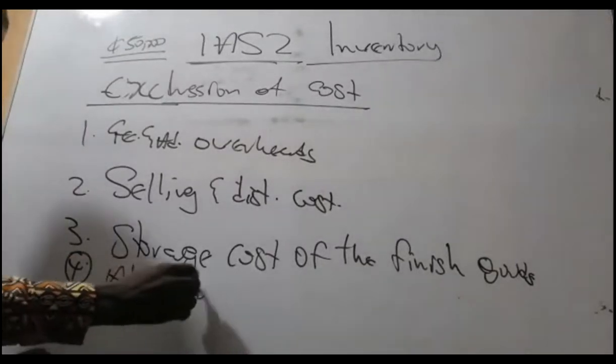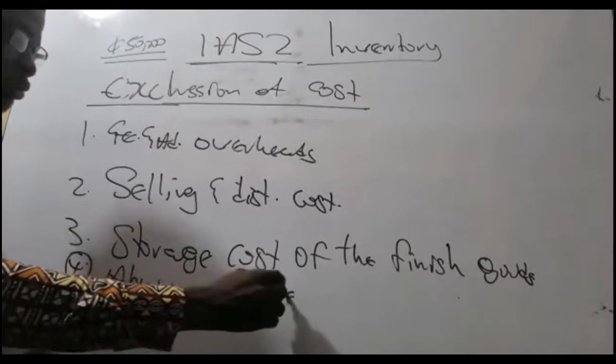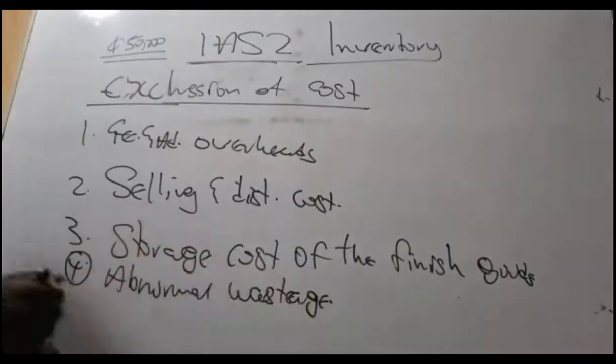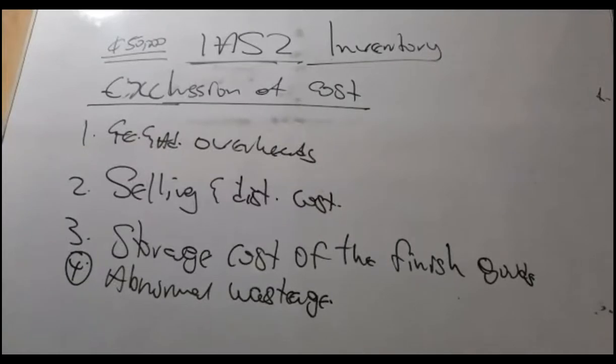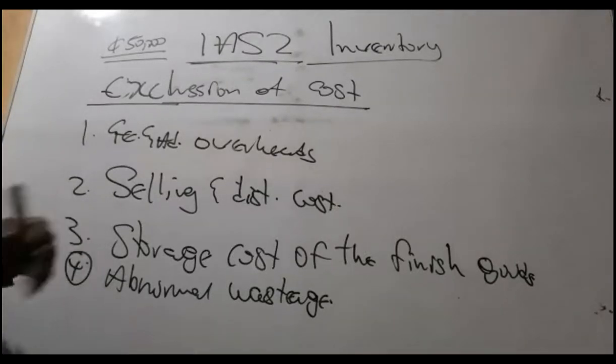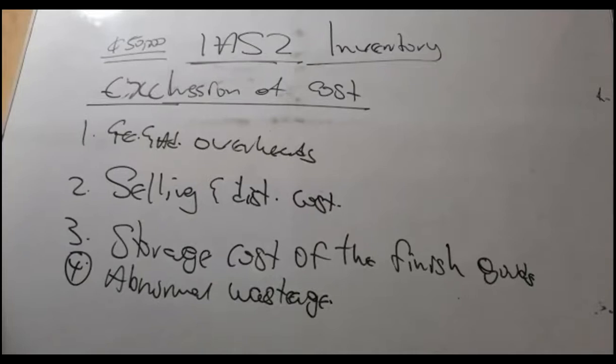Abnormal, right? Normal wastage. Abnormal wastage. What do you mean by abnormal wastage? Abnormal waste occurs when some of the inventory is lost. So take the 5,000 bags of rice. Let's assume that accidentally, when they were breaking the sacks, one of them fell down.